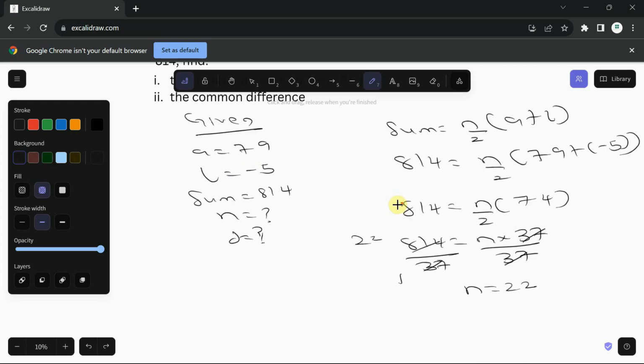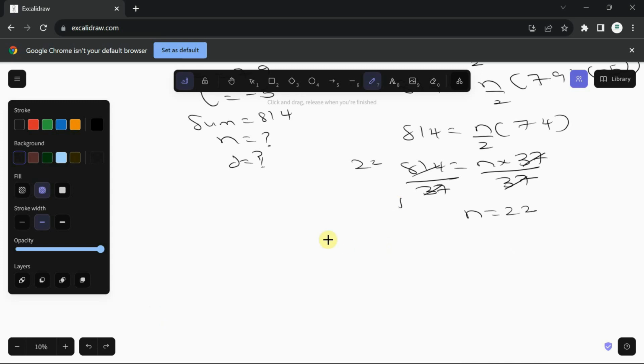What can I use? So I can also use the other sum formula, and say sum is equal to n divided by 2 open bracket 2a plus n minus 1 d, right? We know that the sum is 814 is equal to the n. We already know the n to be 22, so 22 divided by 2 open bracket, what is our a?